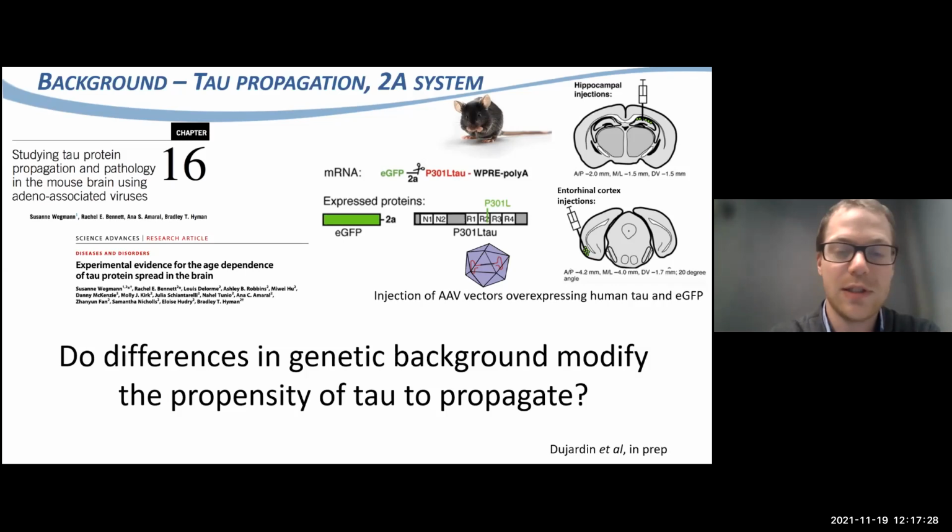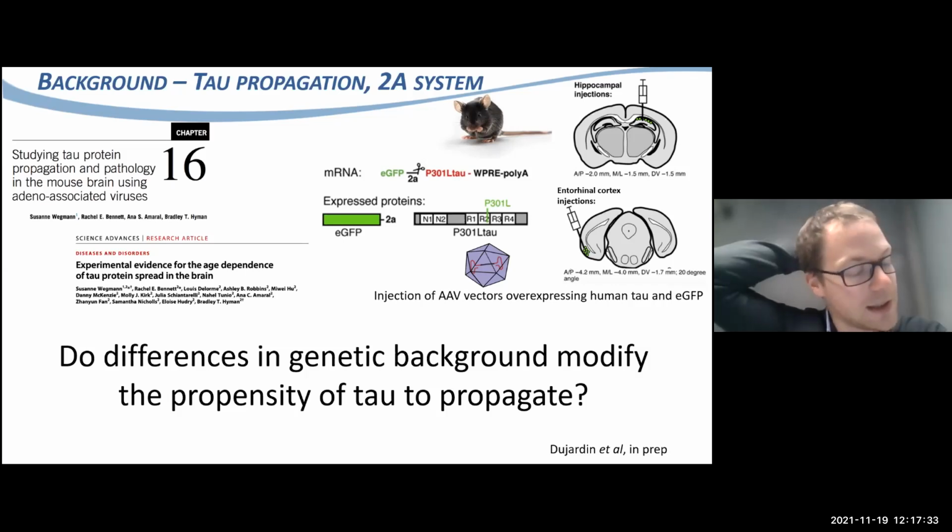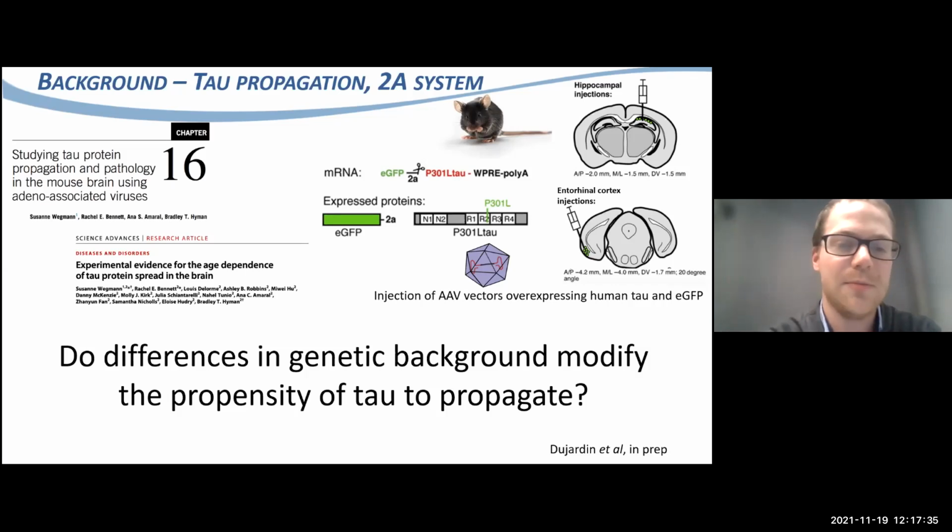And there are differences within the different isoforms, but another question we had is, do differences in genetic background actually influence the propensity of tau to move from cell to cell? To answer this question, we use a system that is an injection of AAVs inside the hippocampus or the entorhinal cortex of mice.